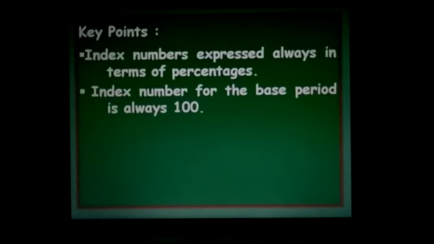If it is 60, then 40% decreased. In that way we will be expressing either in terms of price, quantity or value. So remember always, the index number for the base period is always 100.